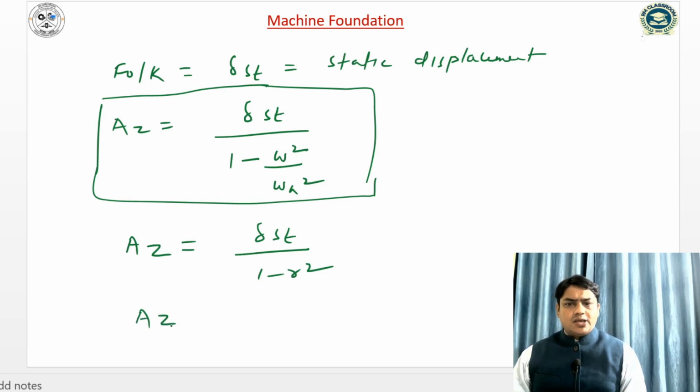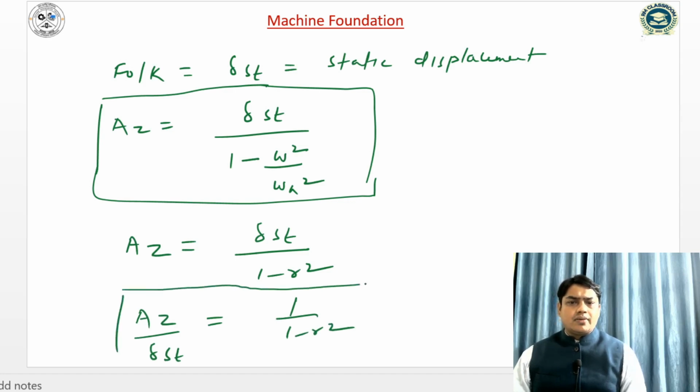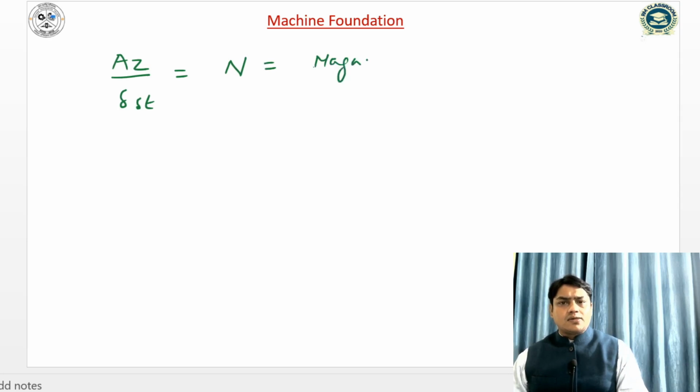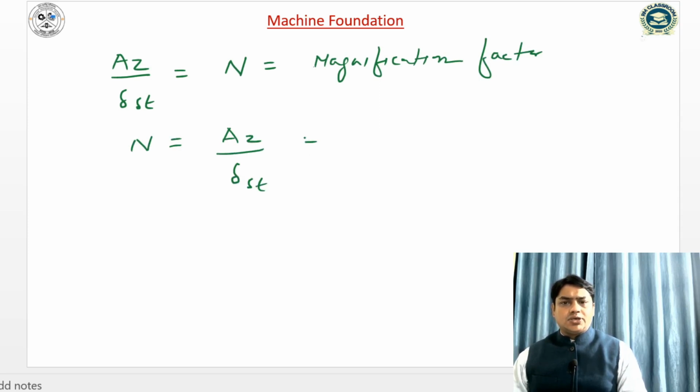So we can write Az by delta st is equal to 1 by 1 minus r square, and Az by delta st is called the magnification factor. Let us assume this is n. So n is equal to Az by delta st is equal to 1 by 1 minus r square.